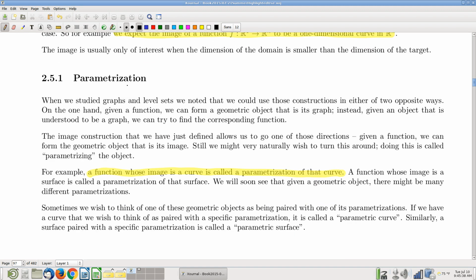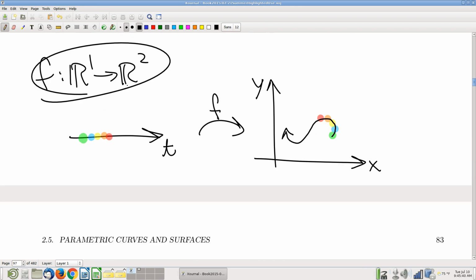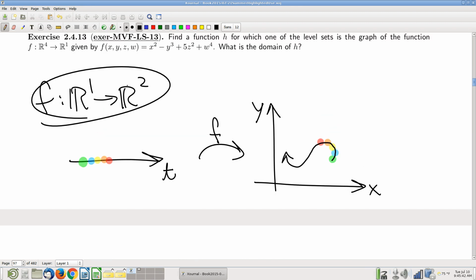Okay, so let me come back up to this picture then. This curve here is called the image. Here, I'll put the whole thing in quotes. The image of the function f.